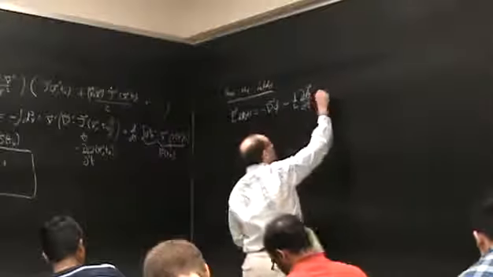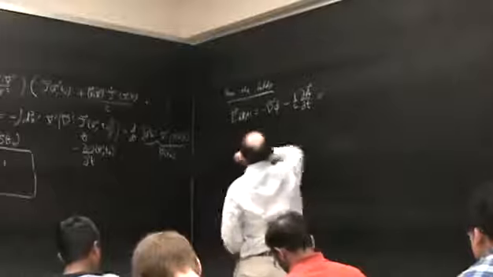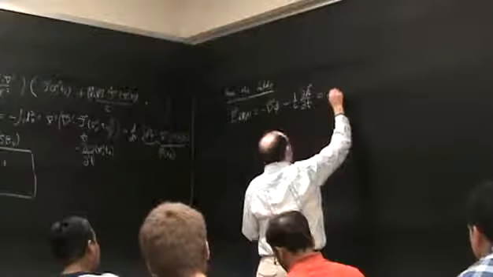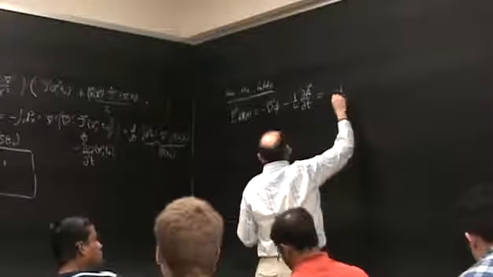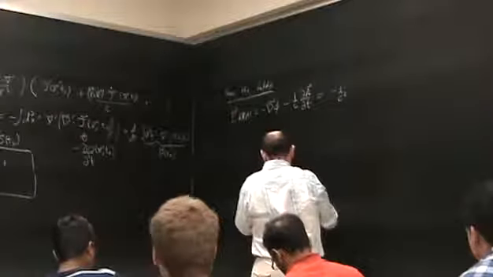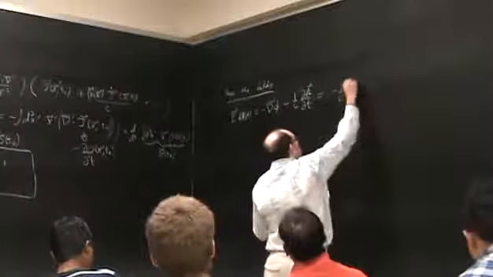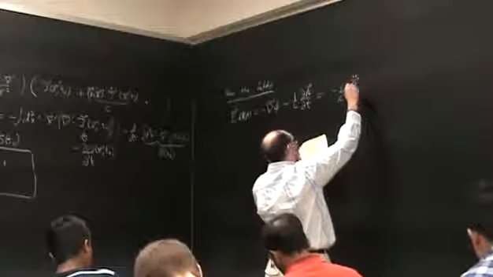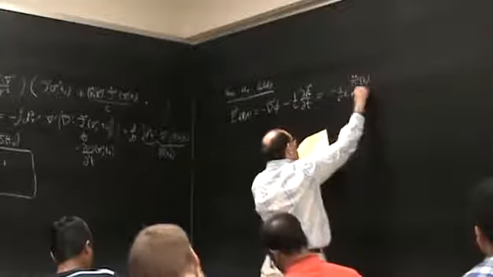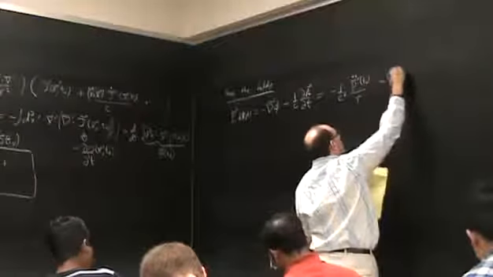Let's take this derivative because that one's easy. That's equal to minus 1 over c squared with rho double dot, evaluated at t naught, for r. And then we have to do minus the gradient of the scalar.